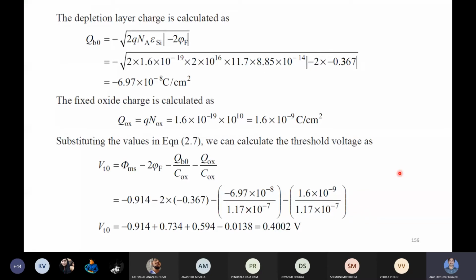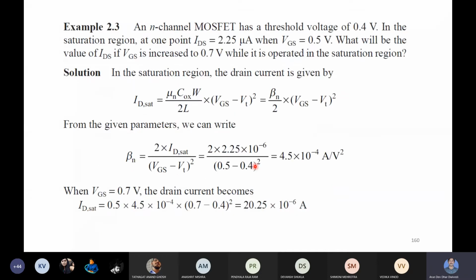Then we will move to solve other types of problems. No query? Okay, then moving on. Good. You can do it yourself later on, but here I am just explaining with some given values.